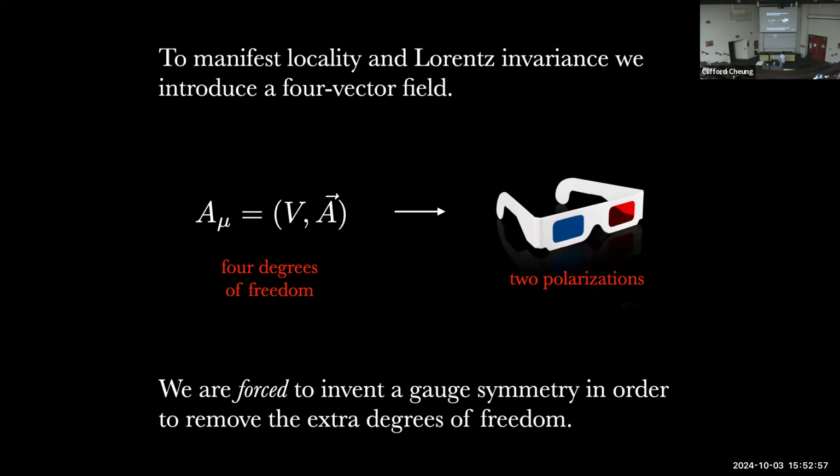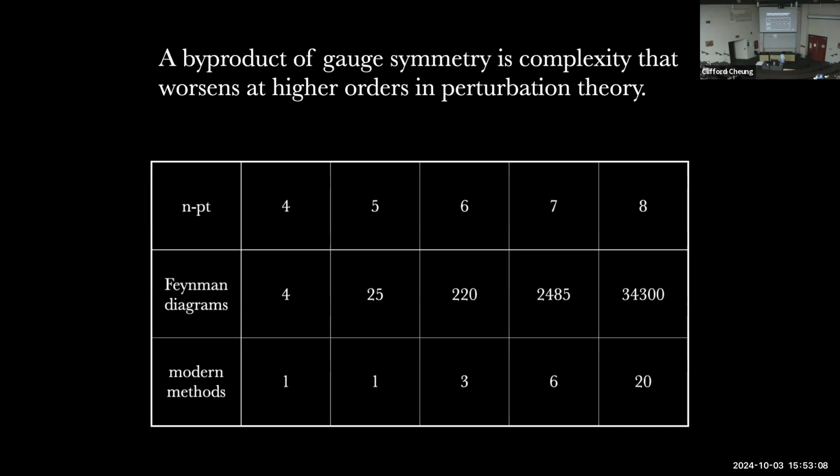But that induces a huge amount of redundancy. Okay? It just means that every time you wrote something down, you had to remove a bunch of stuff that you added, essentially for formalism's sake. Now, the byproduct of this is a massive explosion in complexity in calculations. So if you just computed with Feynman diagrams, gluon scattering at 4, 5, 6, 7, 8 external particles, it swiftly grows.